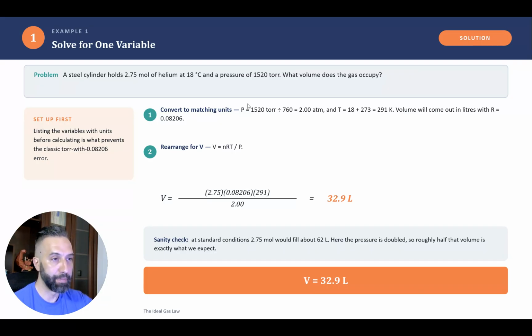I have the P. Yeah, they converted it here in atm, but you can also use torrs if you want to use the correct number for R from your AP appendix. But however, you always have to convert temperature into Kelvin. So watch this one. You don't know the volume, right? So basically, you need to flip the ideal gas equation to this form: V equals nRT divided by P. And then you got all of these from here, and you can just calculate.